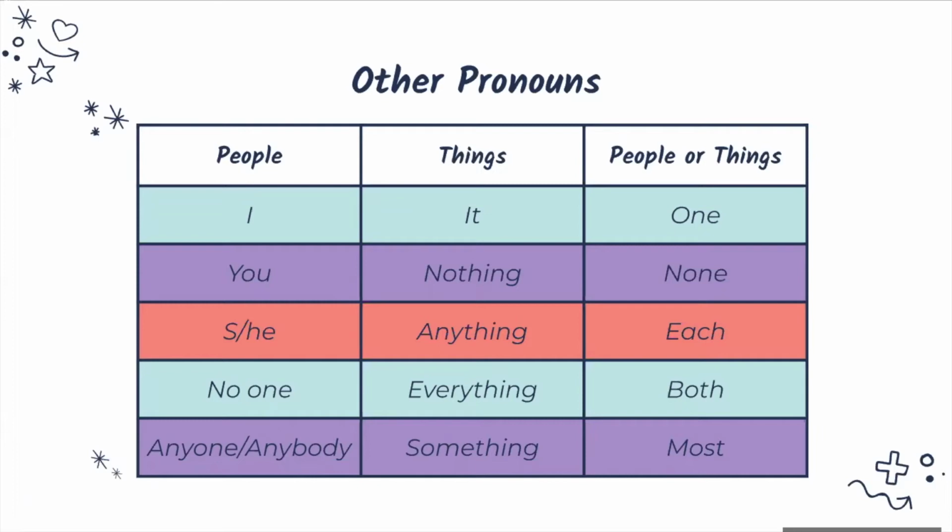I categorize them into pronouns that refer specifically to people, like I, you, she, the ones that we encounter a lot, as well as pronouns that can refer to things, like it, as well as all of these with thing as the ending. And there's also pronouns that can refer to people or things, like one, none, each, both, and most. So those can refer to either one of them, but they all replace subjects in a sentence.